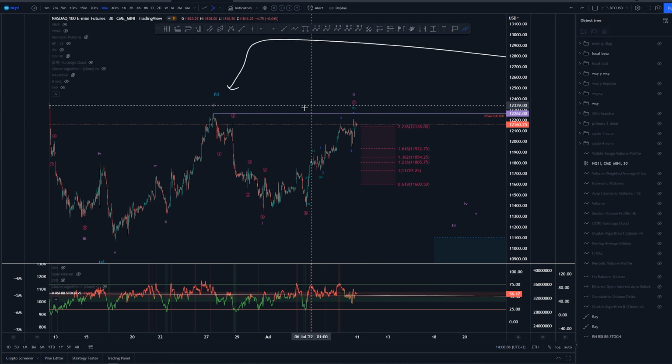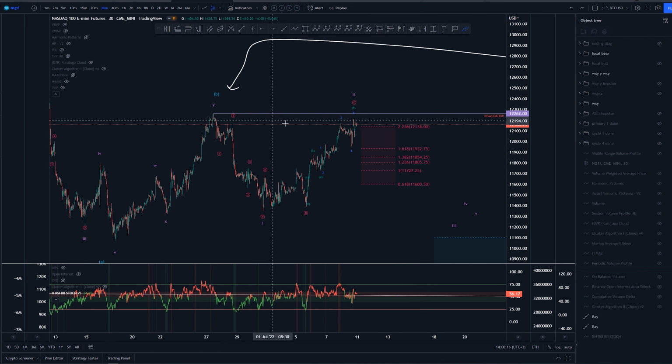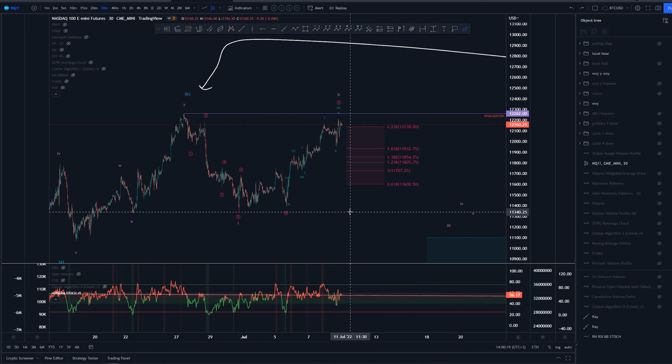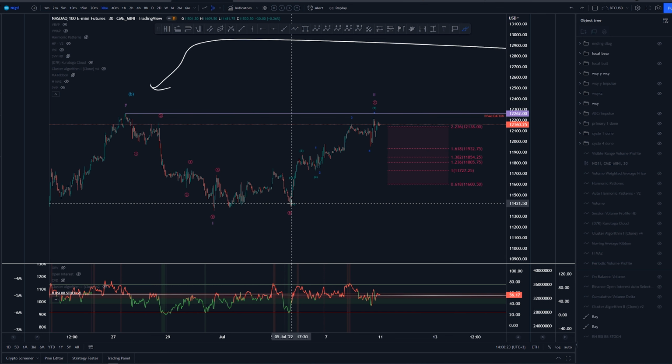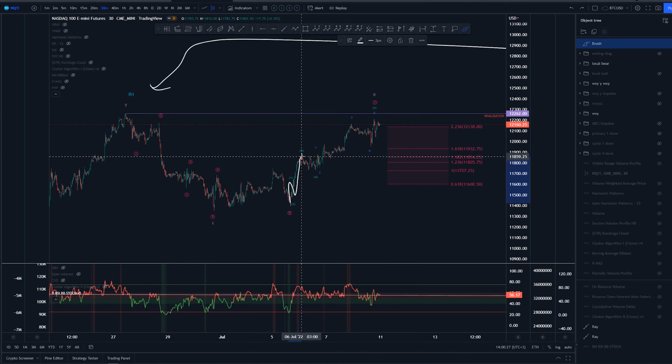In this, however, we have the invalidation right around the $12,265 area, in which the price would go beyond these highs of 27th of June. At the moment, again, we have the same issue here with this ABC structure. Here I've labeled it as such, as this very weird looking 1, 2, 3, 4, and very extended 5th.